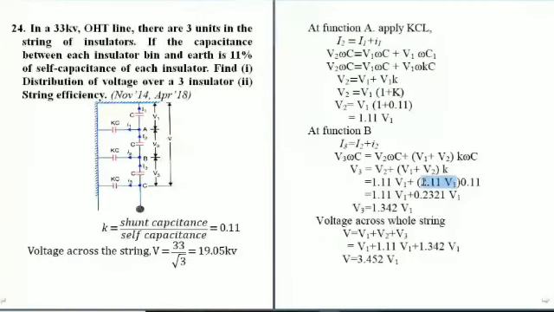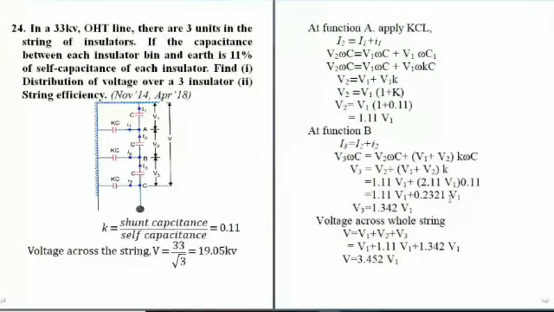If you add, you get 2.11 into V1. The K value 0.11 is substituted. This is equal to 1.11 V1 plus 0.2321 into V1. Finally, you can obtain the value V3 as 1.342 V1.